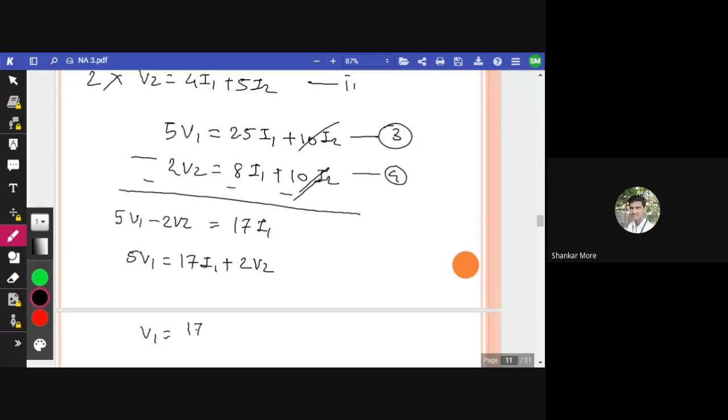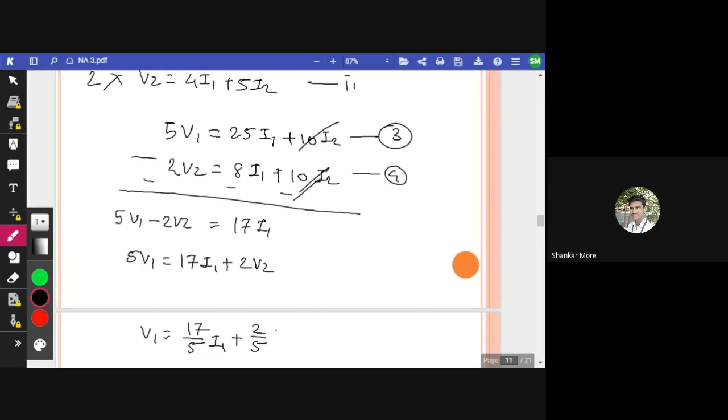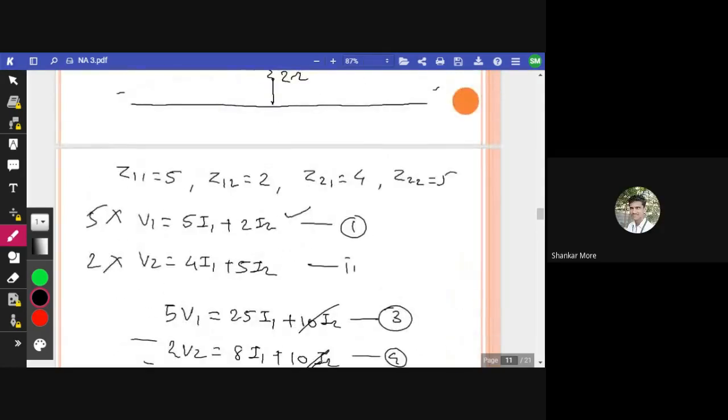V1 is equal to 17 by 5 I1 plus 2 by 5 V2. Yeah, it's V2. So H11 is equal to 17 by 5 and H12 is equal to 2 by 5. Right. Okay. Thank you, Makka. You can turn off your mic, please.